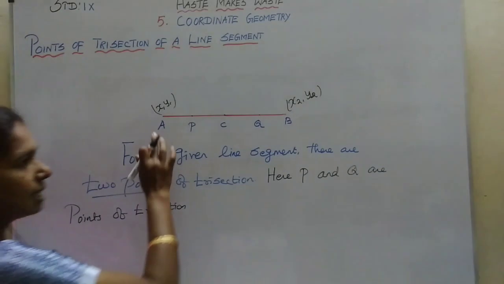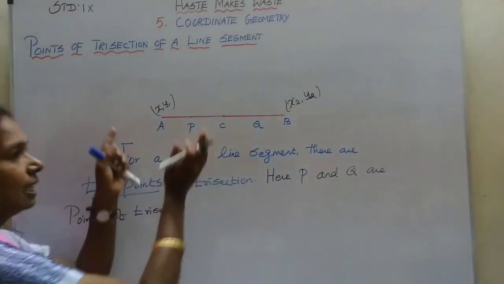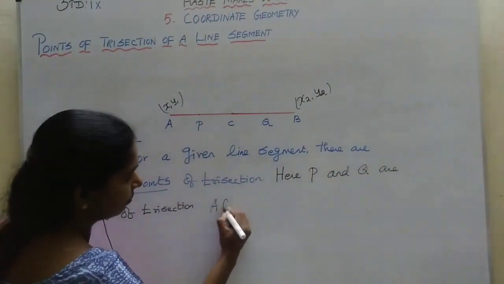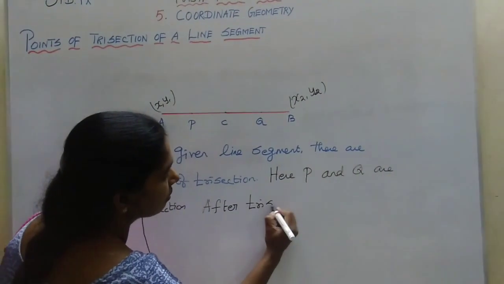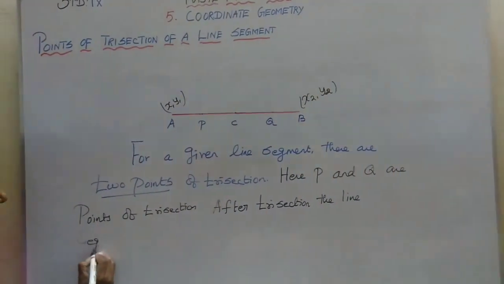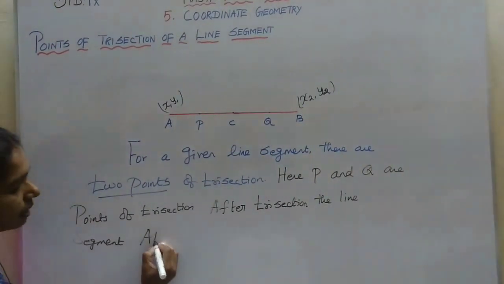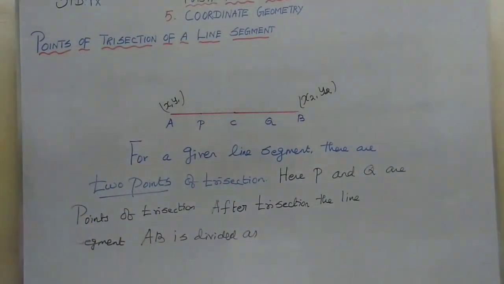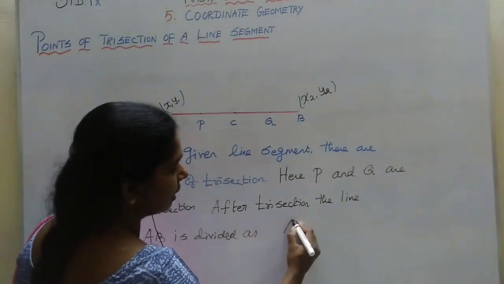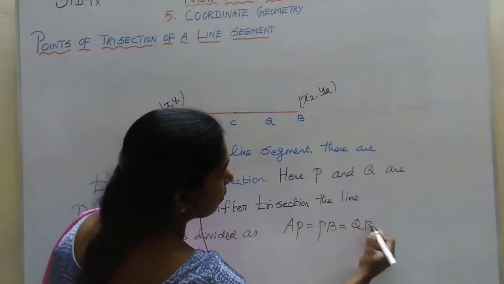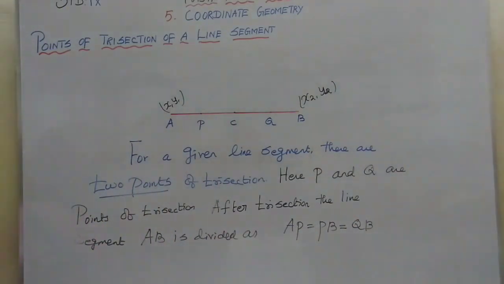If you obtain the points of trisection, the line segment AB will be divided as AP equal to PQ equal to QB, and the points of trisection are P and Q. Is it clear?